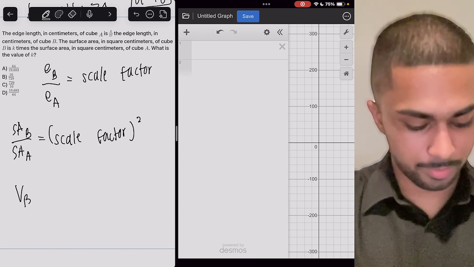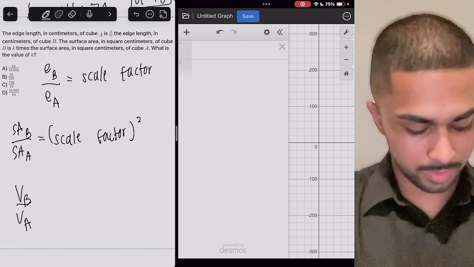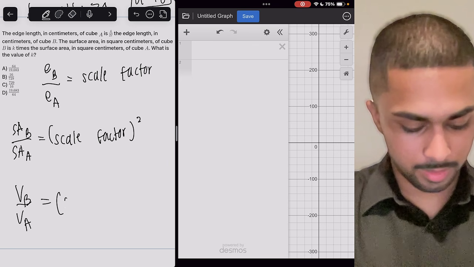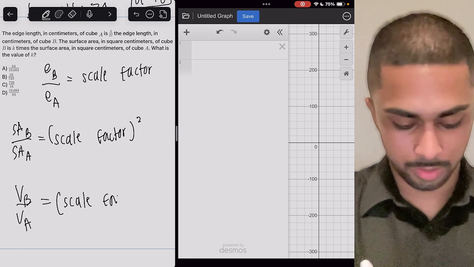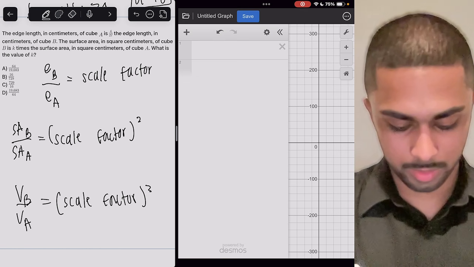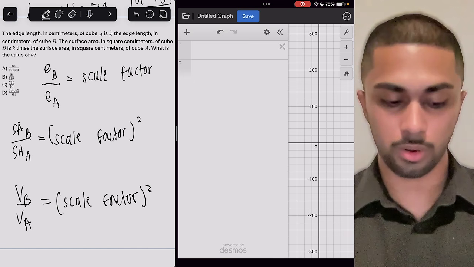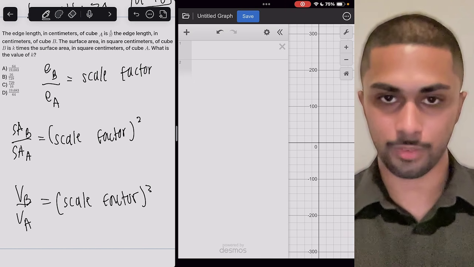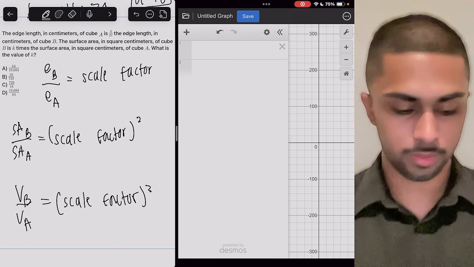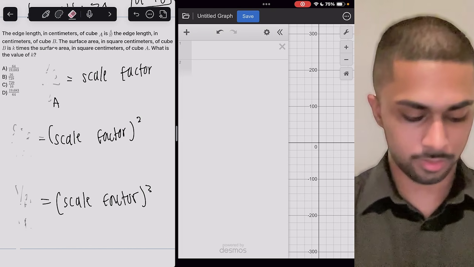The volume ratio is the scale factor cubed. This is all you need to know to master these scale factor questions.